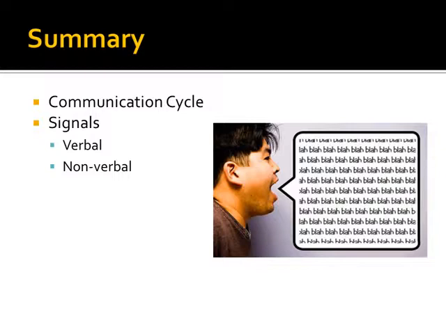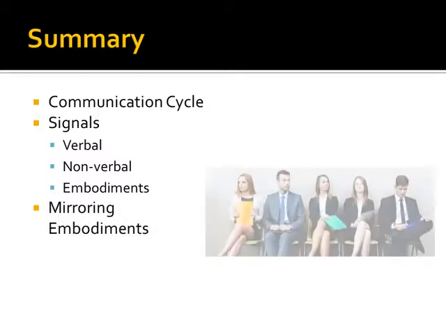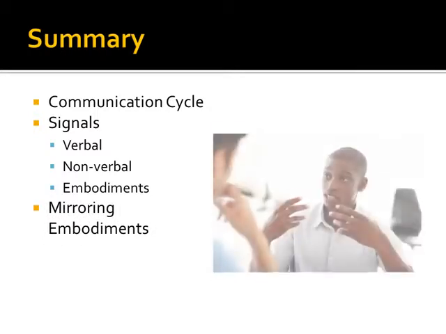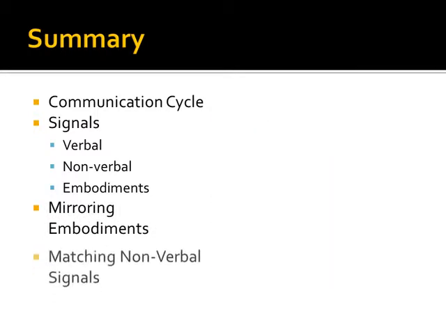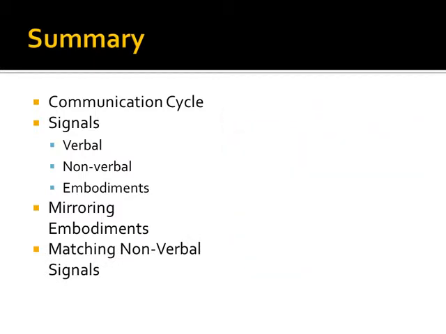Full-range communication includes consciously mirroring another person's embodiments, such as body position and limb movements, and matching nonverbal signals like vocal pace. Mastering these tactics, combined with empathic and contextual listening, creates relational power, the power to influence the thoughts and actions of others.